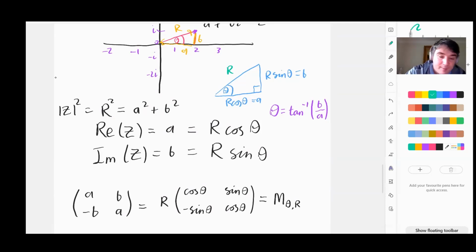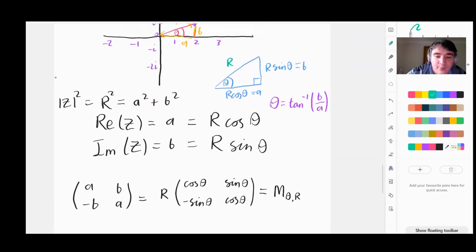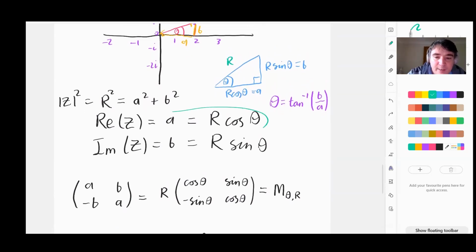So this is really worth doing because we're interested in these matrices here. If we do these substitutions, we can write A as R times cosine theta and B as R times sine theta. And so we can write this matrix in this form. This R here is just a scalar.